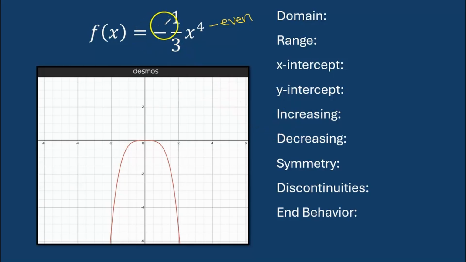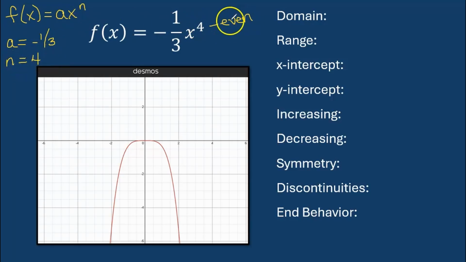First of all, it has a negative in front of it. Remember that power functions come in the form of f of x equals a x to the n. In this case, our a is negative 1/3, and our n is 4. N being 4 is what makes it even, but a is how the graph is adjusted otherwise.